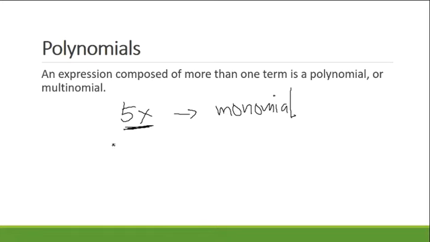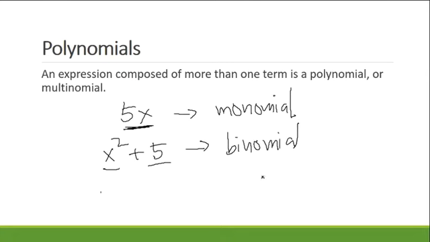Next, if you have x squared plus 5. So kung ito yung expression natin, dalawa ang kanyang terms, tawag naman doon ay binomial. Kapag tatlo, trinomial. At kapag more than three yung ating terms sa isang expression, ang tawag na doon ay polynomial or multinomial.